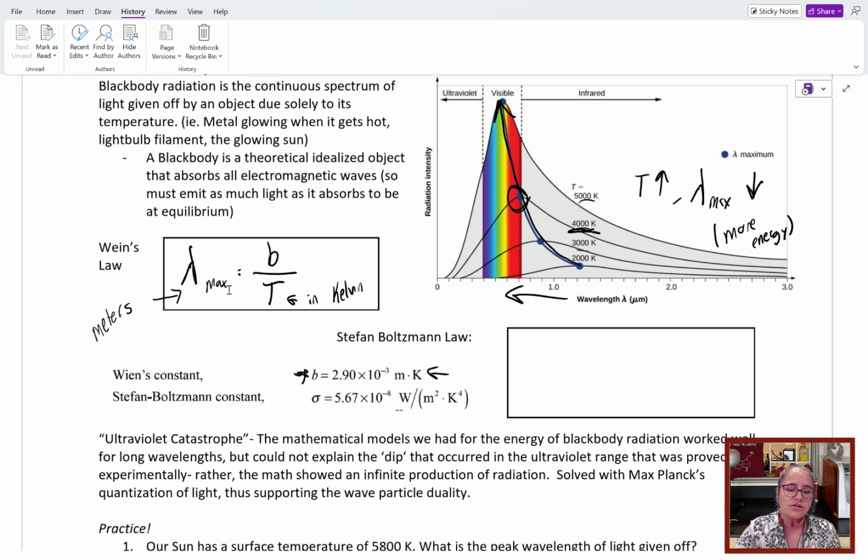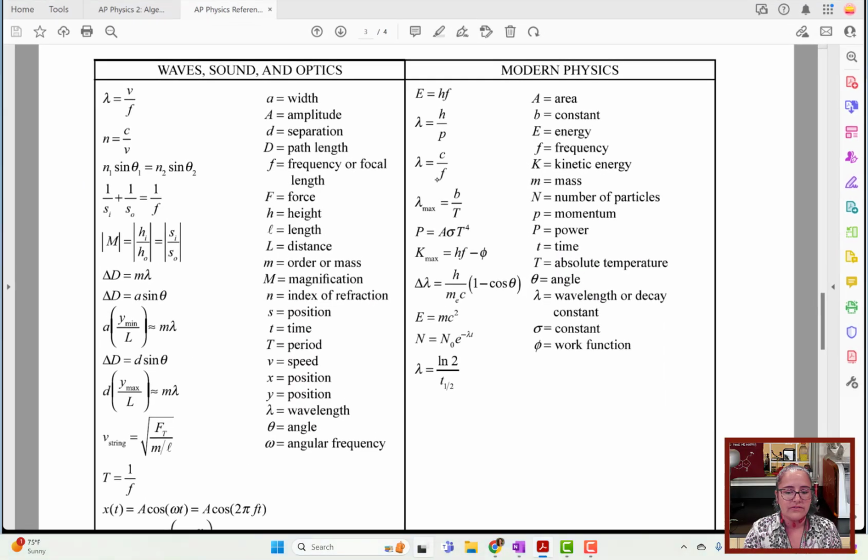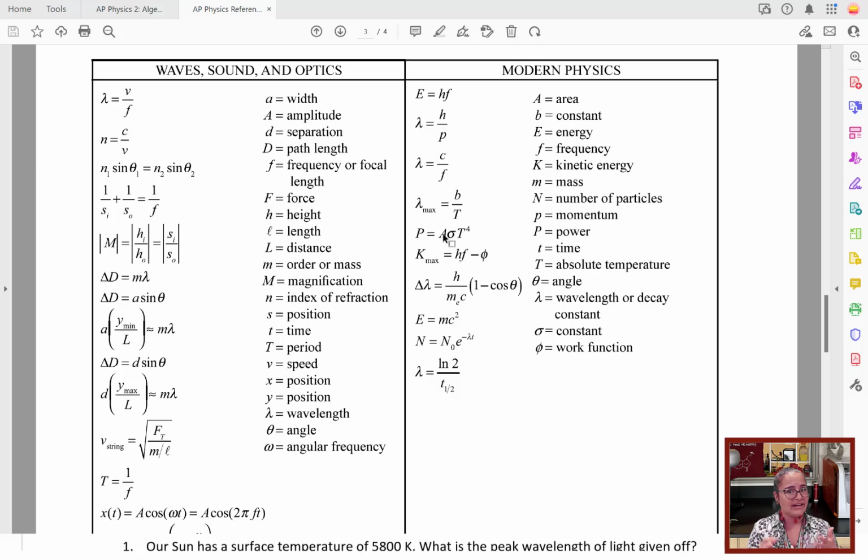Now, this is also related to the intensity or the power given off by this blackbody. Power we know is in units of watts, which is energy per time. So the power given off by it is equal to A, that's surface area, because obviously if a blackbody is emitting radiation, the more surface it has, the faster it can emit that radiation.